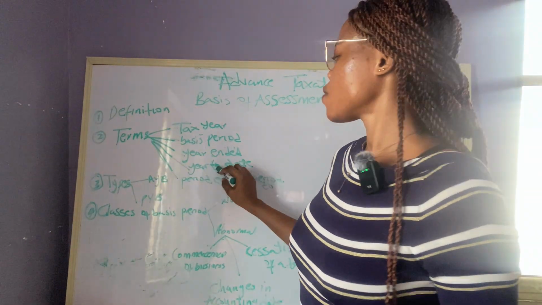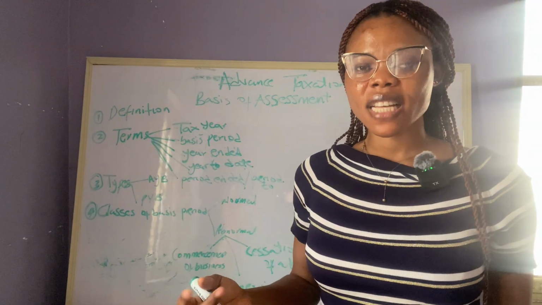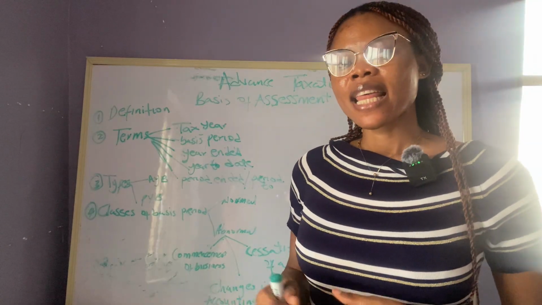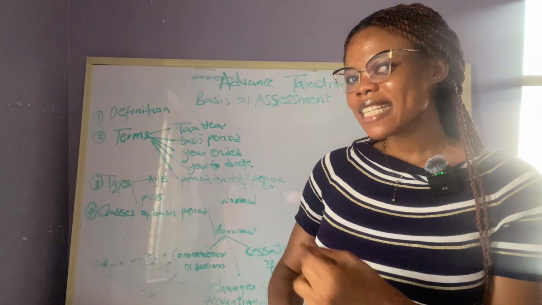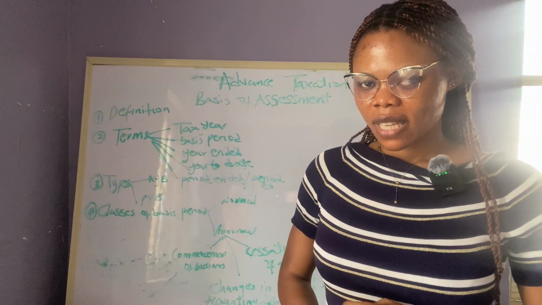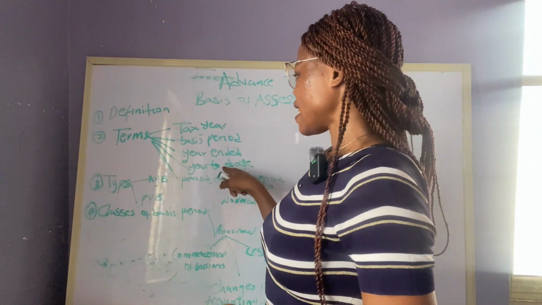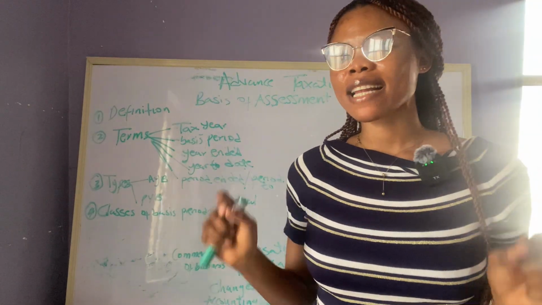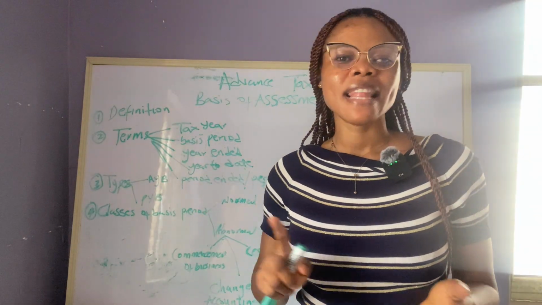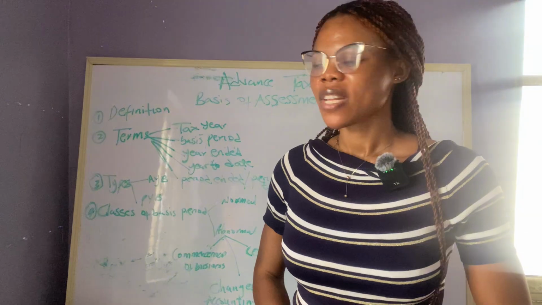Then we also have year to date. Year to date is a basis period that is either 12 months or less than 12 months. I come again. Year to date is a basis period that has exactly 12 months or less than 12 months.